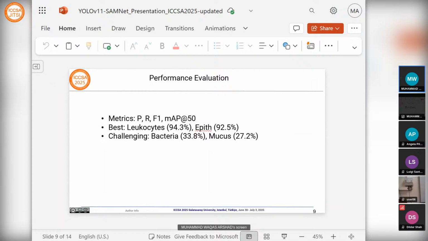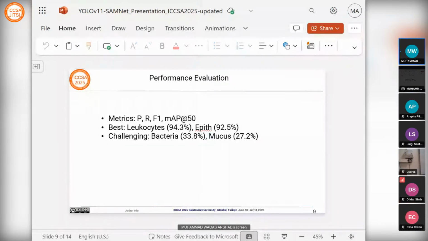It goes well with some of the classes, in which we achieve good results: 94.3% F1 score for leukocyte, and 92.5 for epithelial cell.